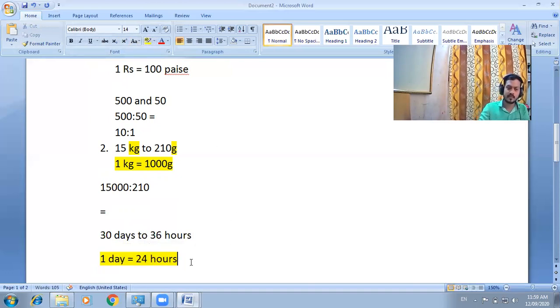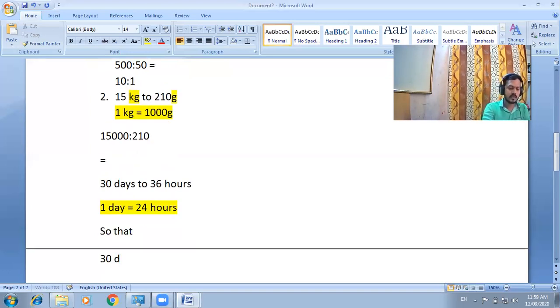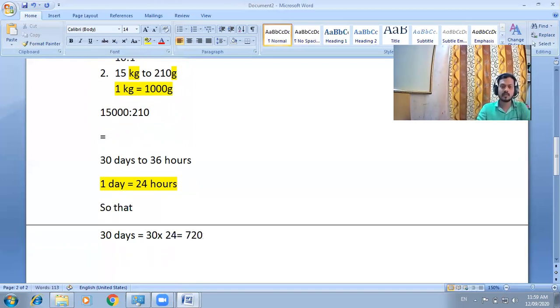So 30 days is equal to 30 into 24. 4 3s are 12, 2 carry, 2 3s are 6 plus 1 is 7, so 720 hours.